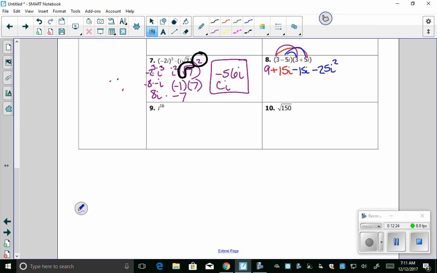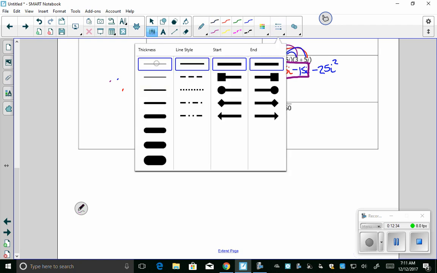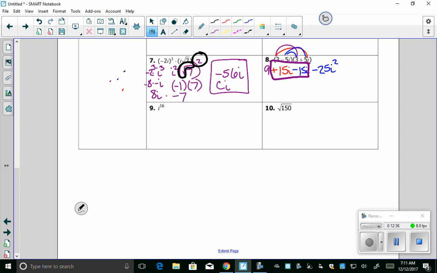So combine your like terms. Those are my like terms. So positive 15i minus 15i just cancels out. So I'm going to be left with 9 minus 25i squared.